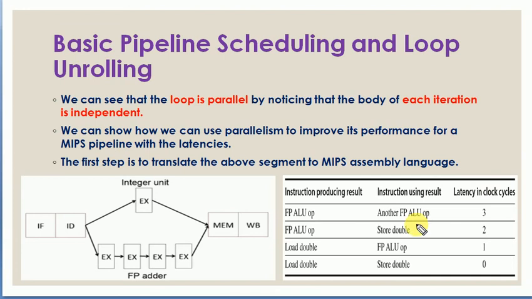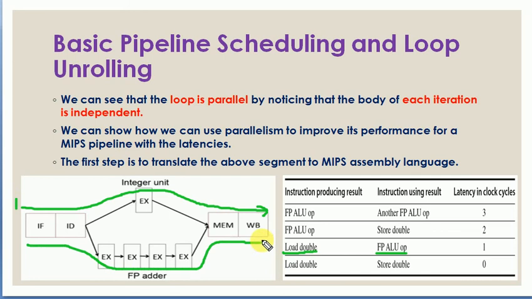Then look at the next one, the third case: a load double and an FP-ALU operation. So load double will happen through this way. This is the first instruction, and FP-ALU will happen through this way as the second instruction. So what will happen with load double?